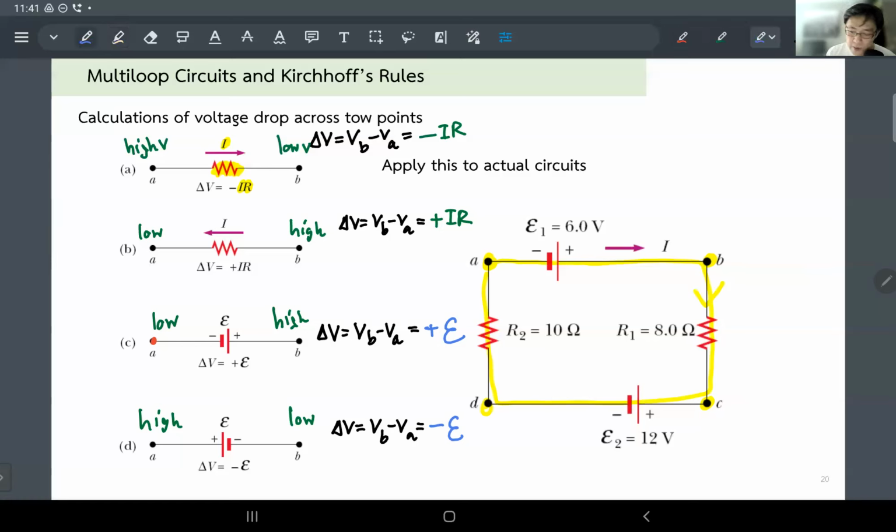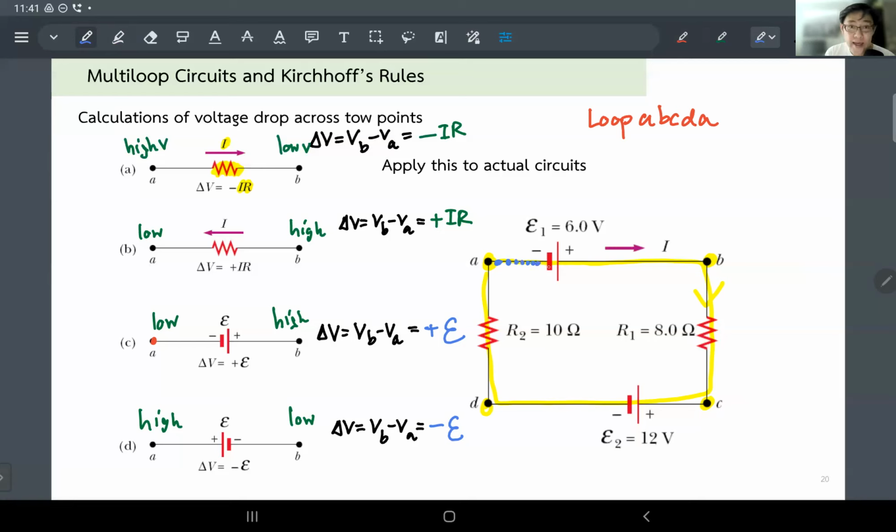So I am walking loop A, B, C, D, A. Okay, you guys with me? All right, I'm going to show you how to do the loop rule right now. Walk with me. Start from A.